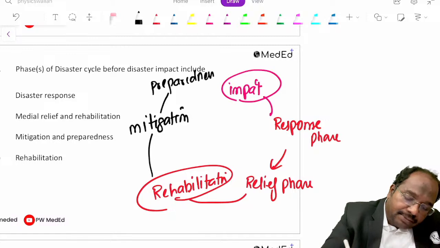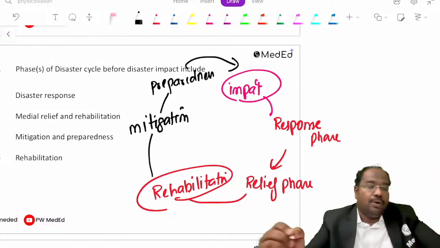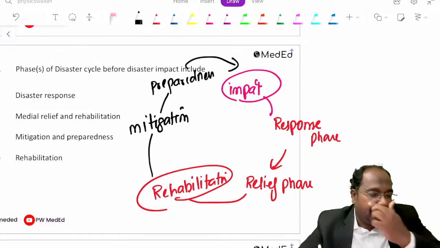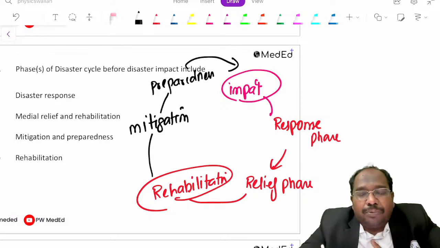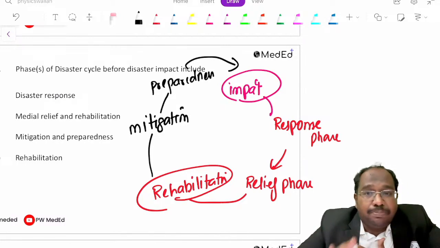And preparedness you can also do before disaster. Nowadays you can see on TV and radio, suppose a cyclone is going to come, we are taking all the precautionary measures: who is supposed to do what, and if a flood comes, where they are supposed to go. So we are prepared. That is preparedness.